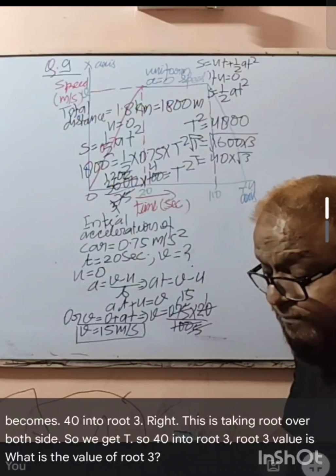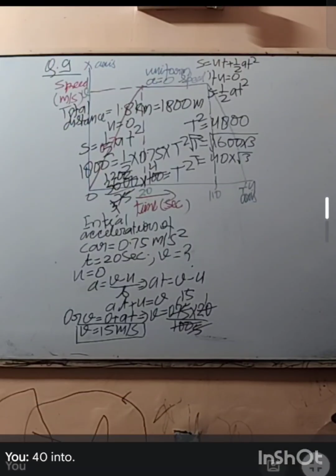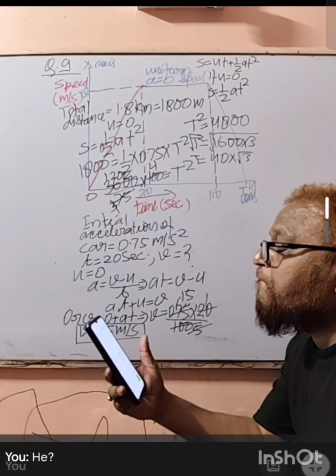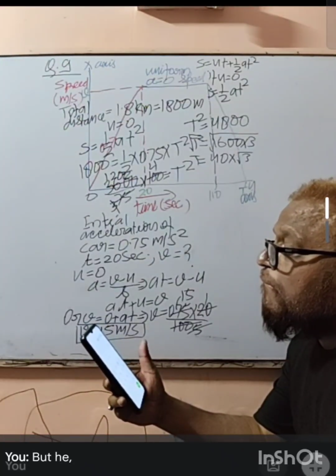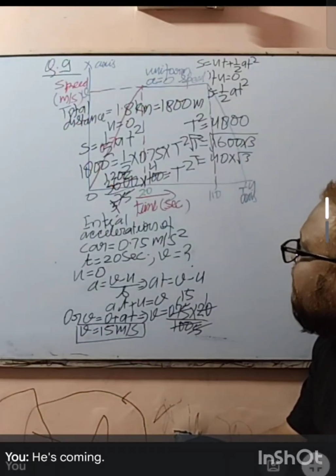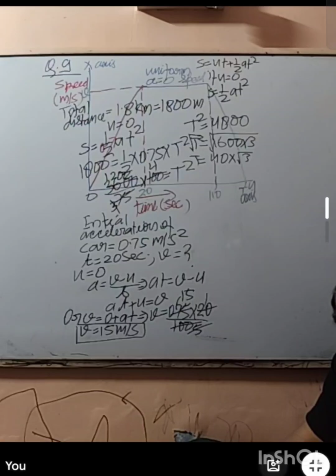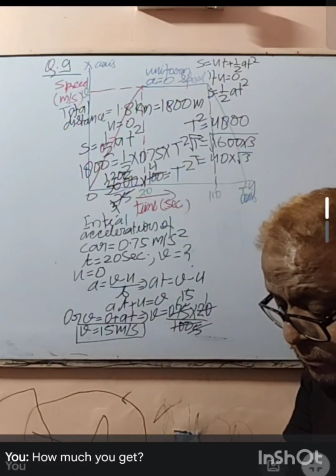What is the value of root 3? 40 into 1.732. It's coming wrong. How much you get?